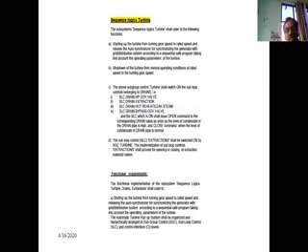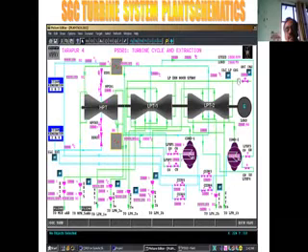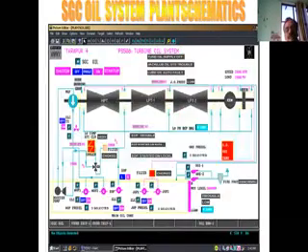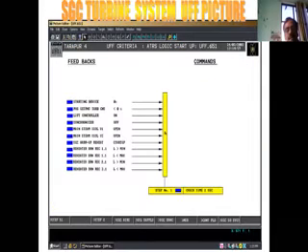Then sequential logics. This is about the turbine cycle and station. These mimics are there. Then what we have discussed about that, it will take feedback. On the basis of feedback, it will go step by step. Definitely in each step there will be step control.